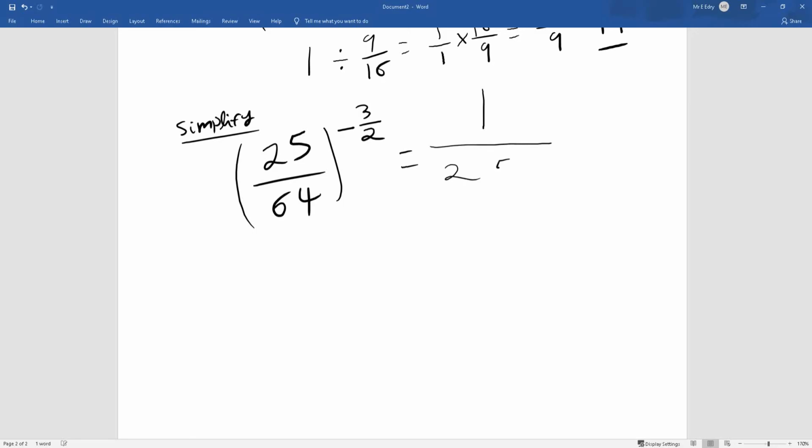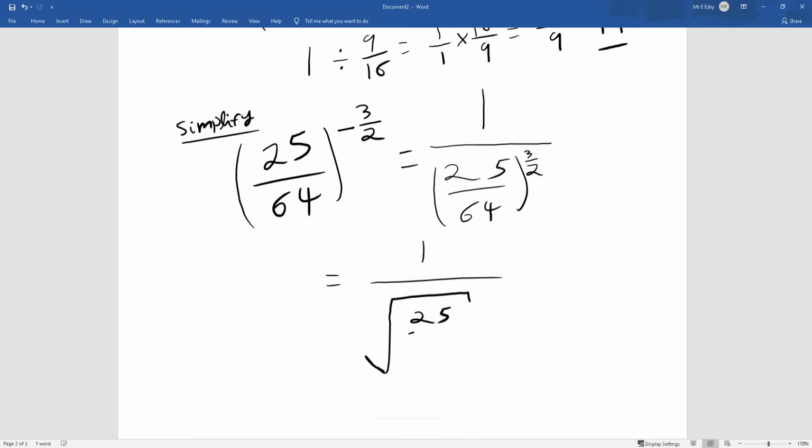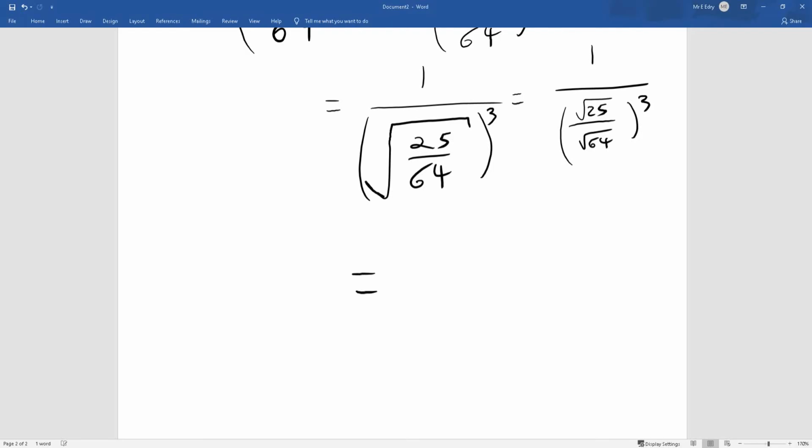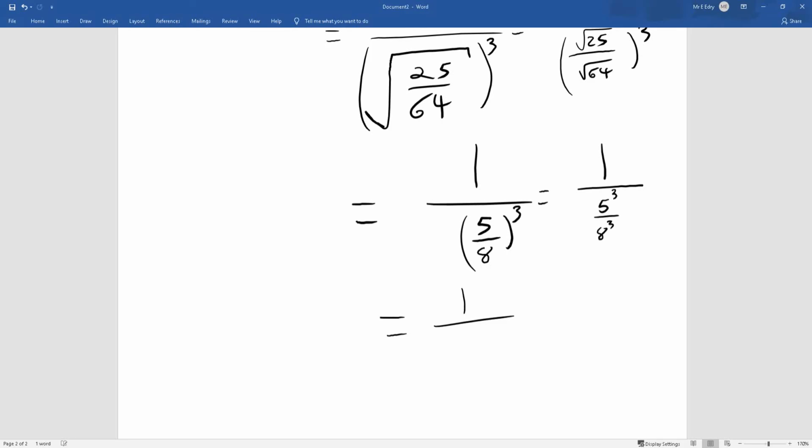So I've got 1 over 25 over 64 to the 3 over 2, which is going to be 1 over the square root of 25 over 64, all cubed, which is 1 over root 25 over root 64, all cubed, which is 1 over 5 over 8, all cubed, which is going to be 1 over 5 cubed over 8 cubed, because when I cube a fraction, I cube the top and I cube the bottom, which is 1 over 125 over 8 cubed.